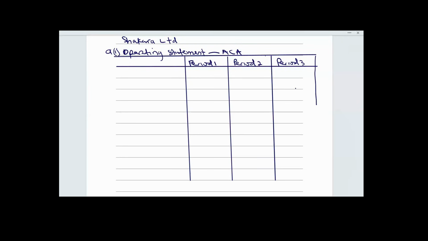Each period will be divided into 2 to account for credit and debits.